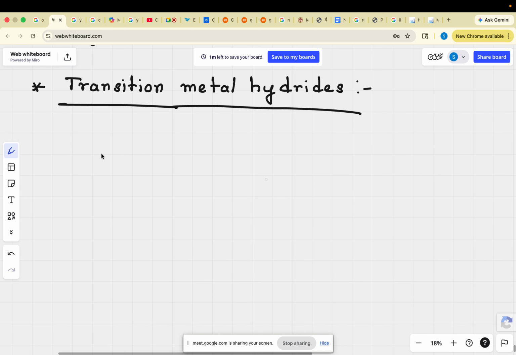What do you mean by transition metal hydride? Definitely the metal should be a transition metal, and hydride means it is directly linked with hydrogen. This kind of compound is basically amphoteric in nature.